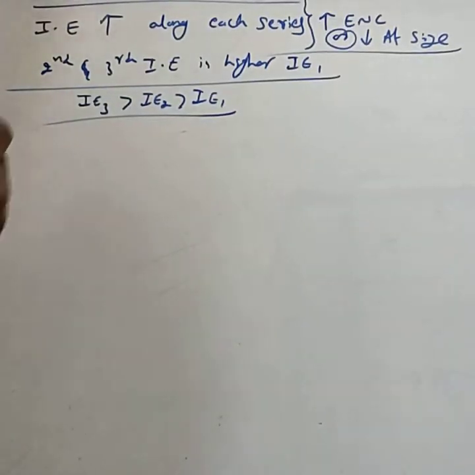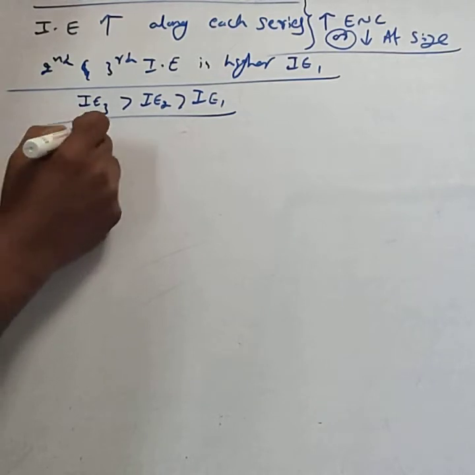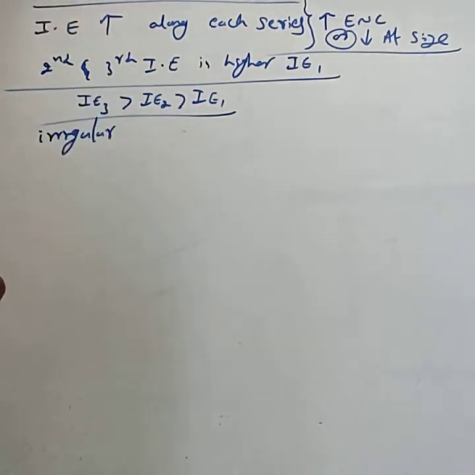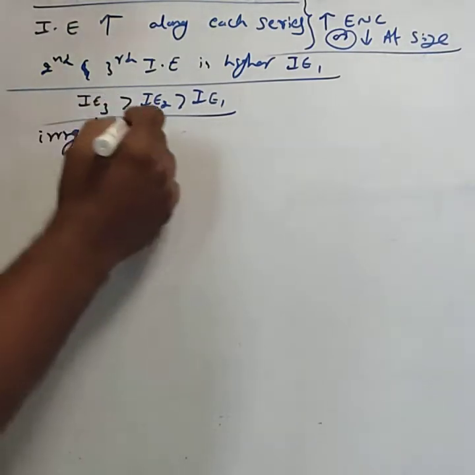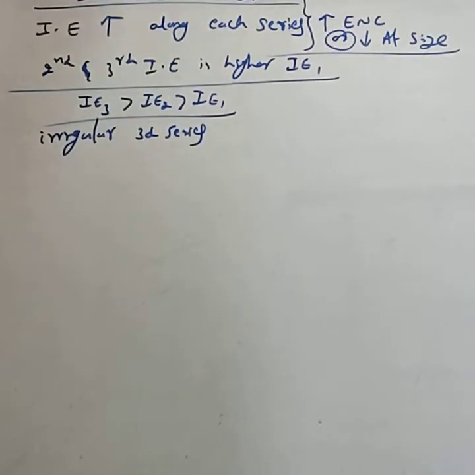Then if you observe the ionization enthalpy values, there is an irregular trend in the ionization enthalpies of the 3d series, that is the first transition series. There is an irregular trend in the ionization enthalpies of the first transition series.